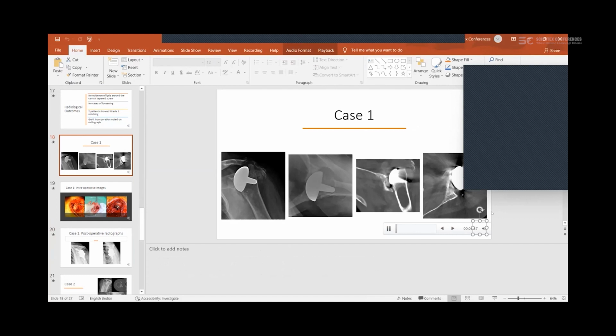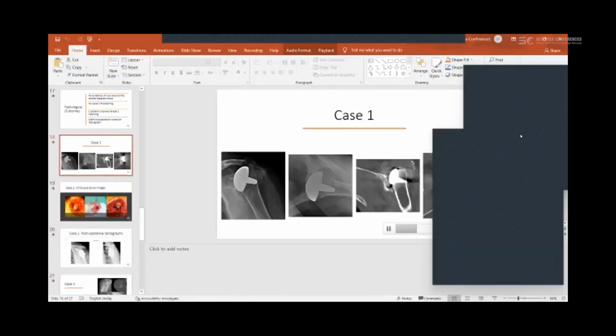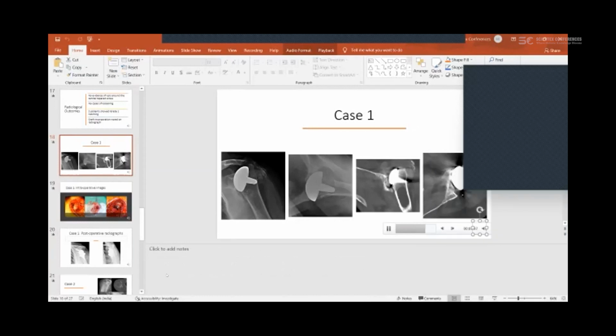So if we look at a few cases pre and post-operatively, these are the preoperative x-rays and some CT images for a patient.